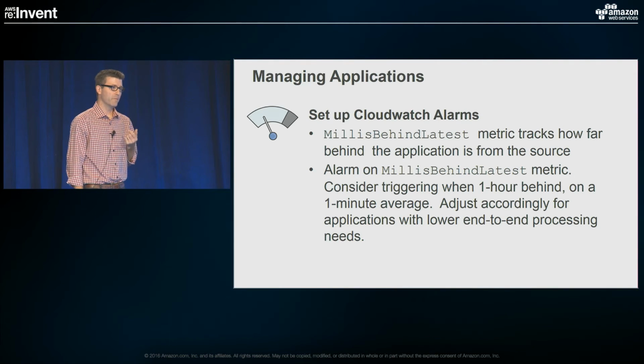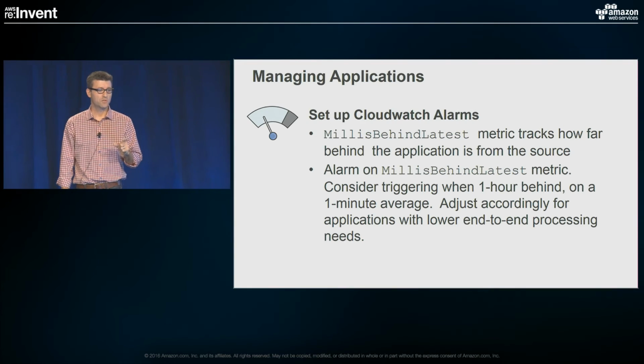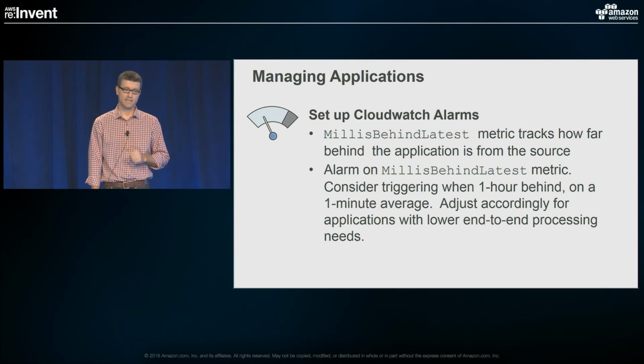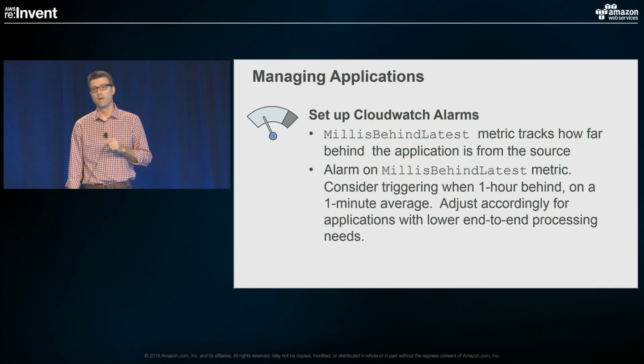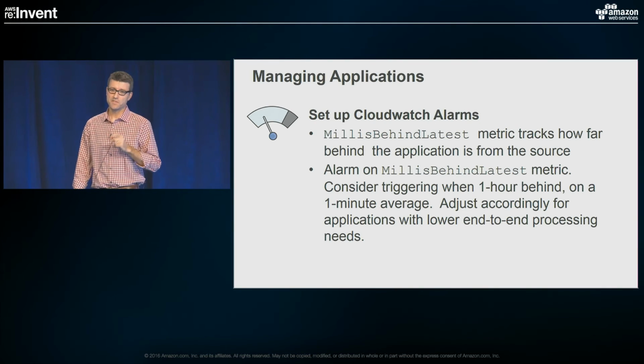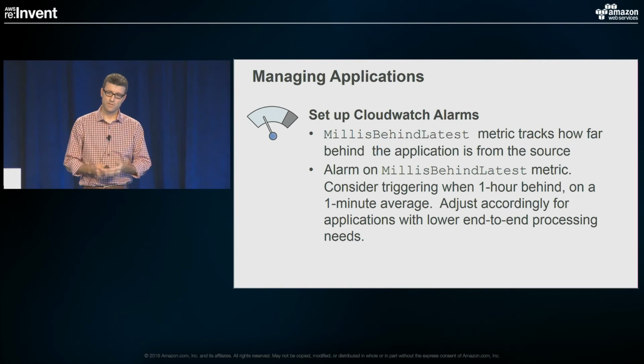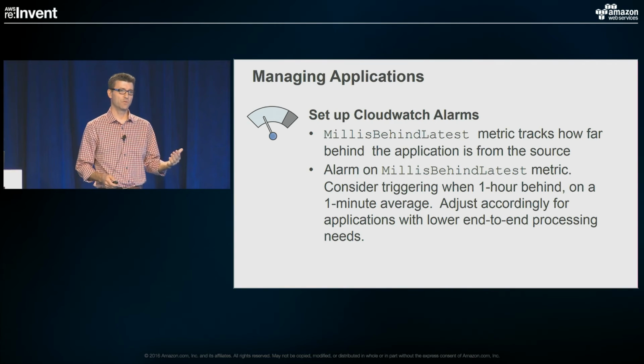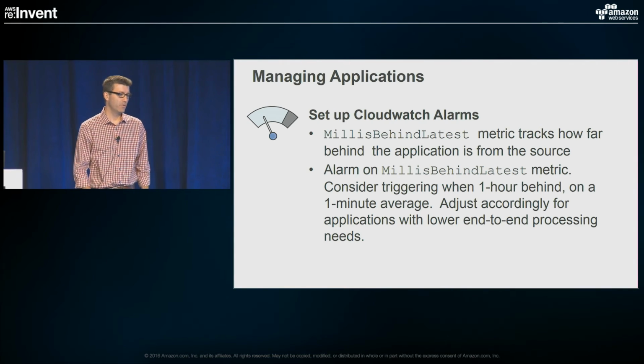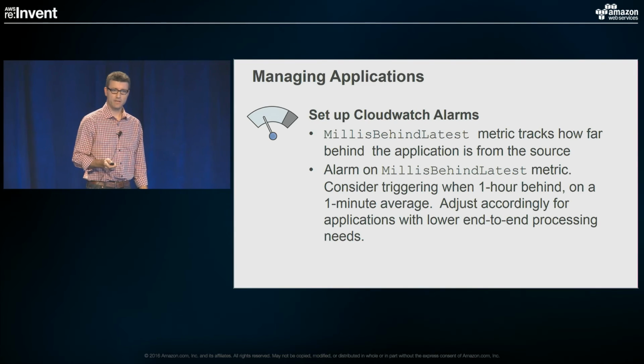The most important metric, we have a few others, but the most important one you should track is millis behind latest. What that is, it tells you how far behind your Kinesis Analytics application is in processing a stream relative to the most recent record added to the stream. So if you get to about an hour behind, it's totally a rough guidance.